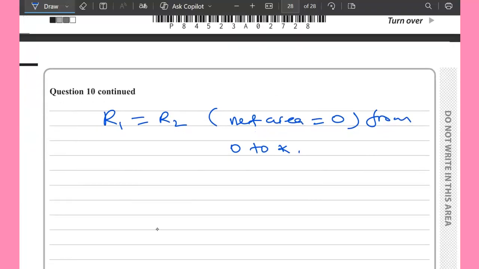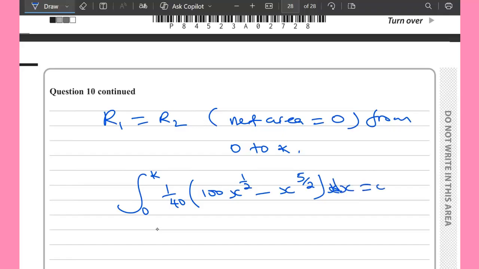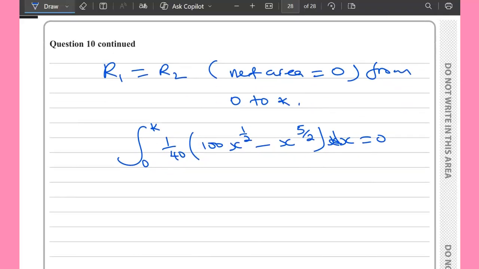So having this, we know that for us to get the net area, we'll have the integral from 0 to k of 1 over 40 into 100 x raised to power half minus x raised to power 5 over 2 with respect to x, and this should be equal to 0. So we can integrate this keeping 1 over 40 in the expression.